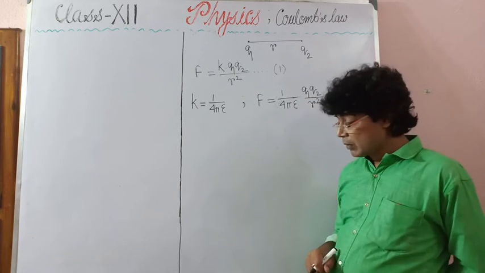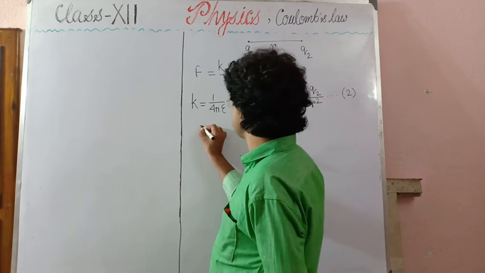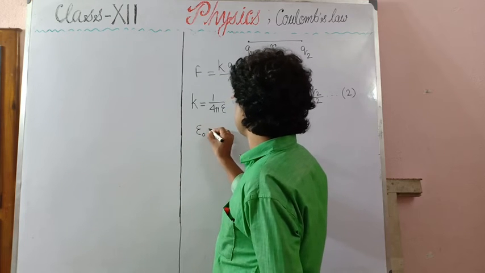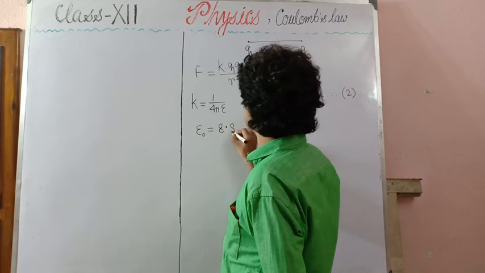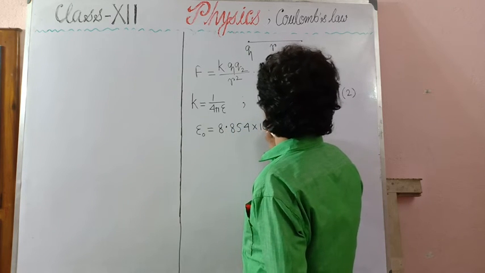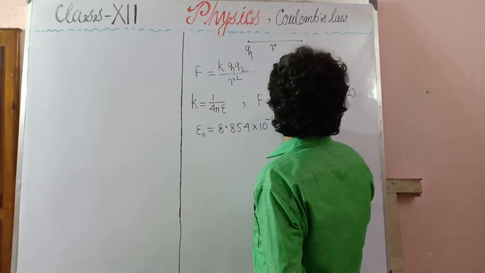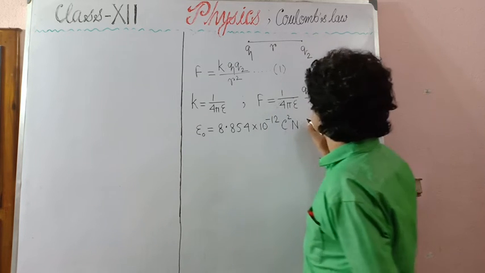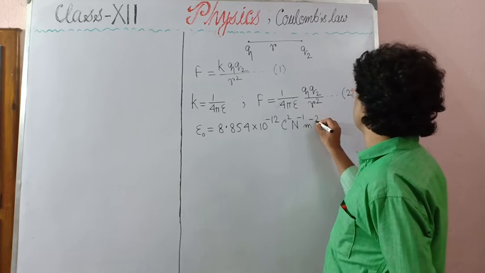We know the absolute permittivity of free space, epsilon 0, equals 8.854 into 10 to the power minus 12 coulomb square per Newton per meter square.